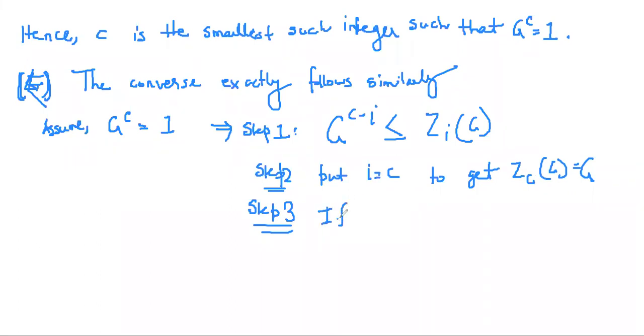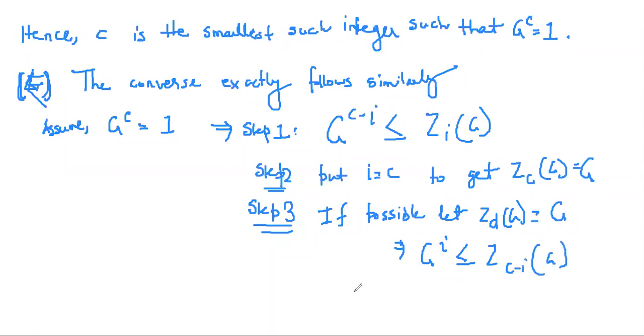So what do you do? Again you say, if possible, let Z_D(G) be G. From this, you have already proved in the first part of the theorem that this will imply G^{C-i} is a subset of Z_i(G), and this will say that G^D is 1 for i equals D, which is a contradiction.